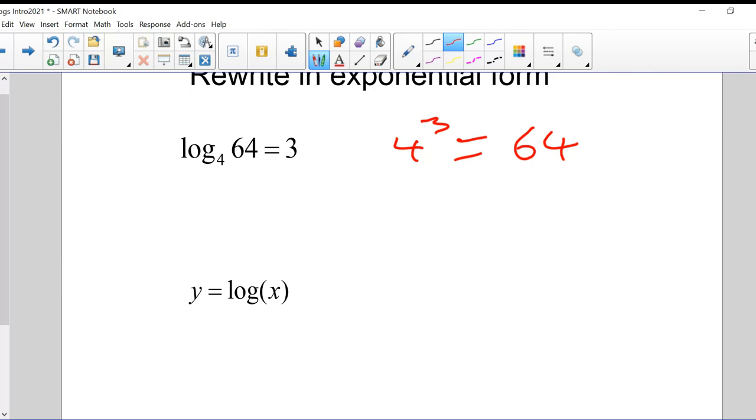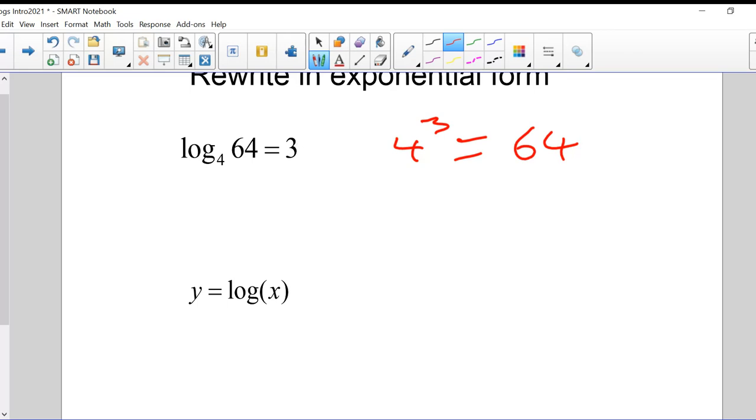Tell you what we're going to do. Let's go back and look at the one we had before. Over here, we had a base of 4, of 64, which was equal to 3. So what we did is we took that base, raised it to the exponent of 3 on the other side, and set that equal to 64.